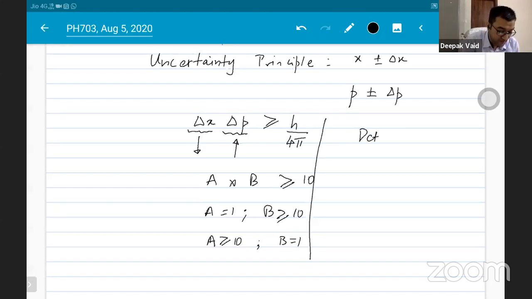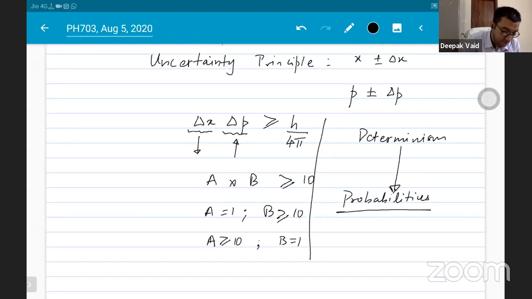Instead of determinism, we are left with a new picture, a picture that is based on probabilities. So the world doesn't become completely mysterious and strange. It doesn't become completely indeterministic. It becomes probabilistic. And so we'll talk more about this in tomorrow's class.